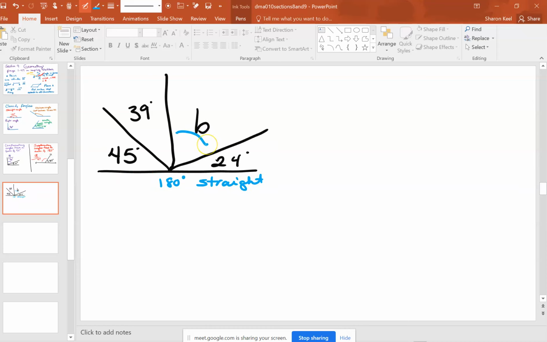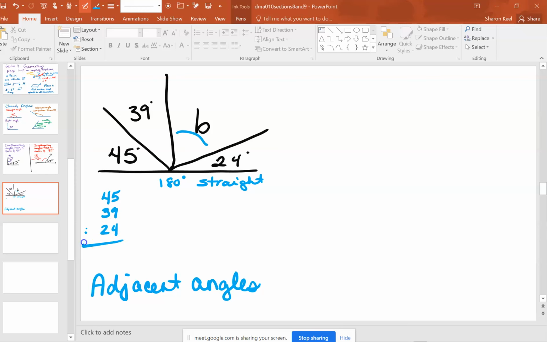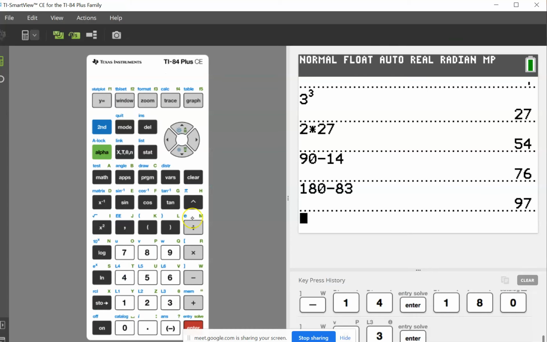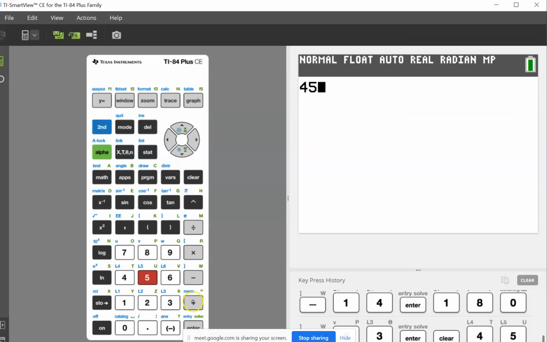If I need to know what B is, all of these angles are adjacent angles. That means they're all attached to each other. If we know this whole measurement is 180 and they're all touching and attached, the sum of all of these should be 180 in this scenario. So I'm going to add 45 plus 39 plus 24.